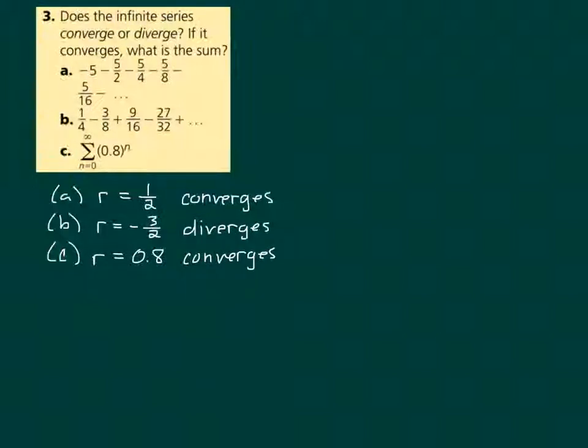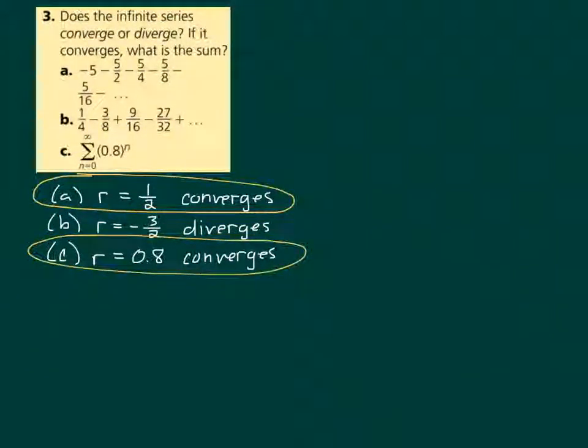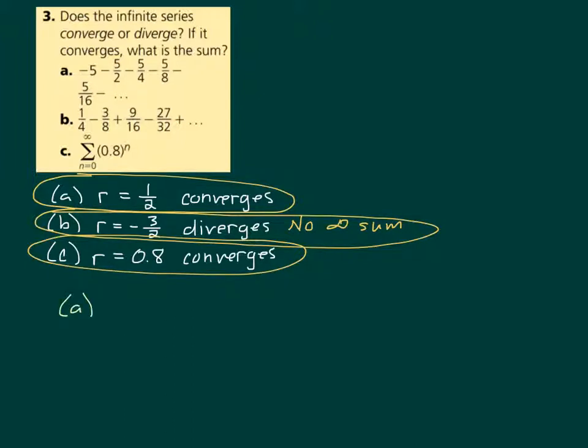So for which of these three options can we evaluate the infinite sum? A and C. And then in part B, if you get a homework problem like that, where instead of saying, does it converge or diverge, I just said, what is the infinite sum, you would just say there is no infinite sum for part B. Then in parts A and C, we just get to use our formula.